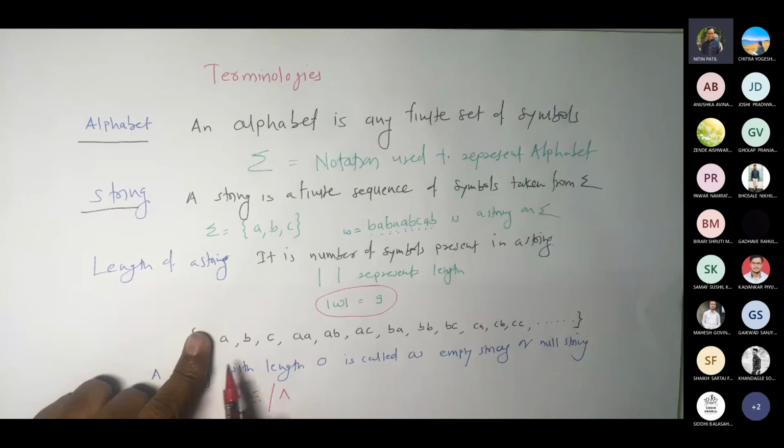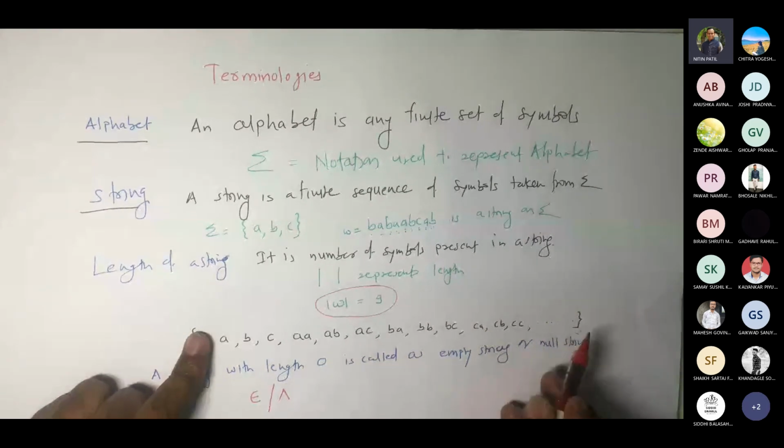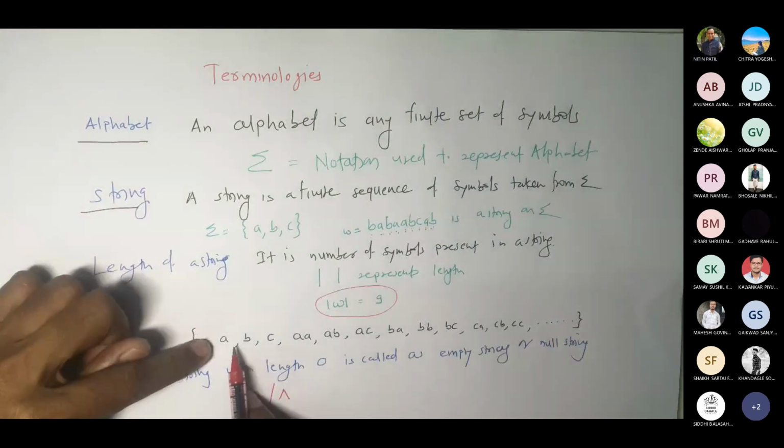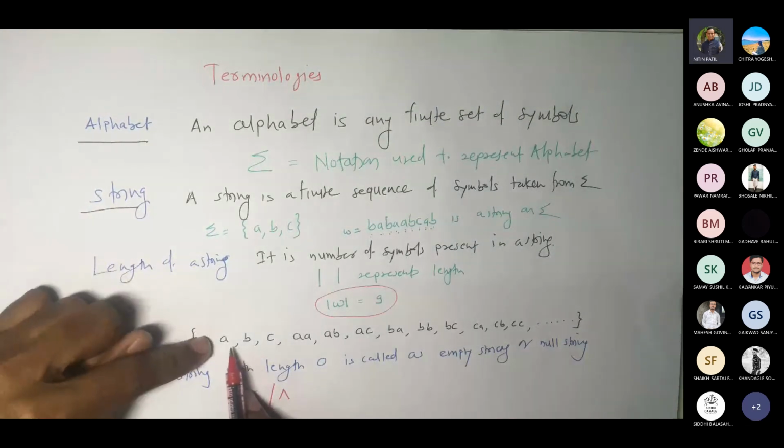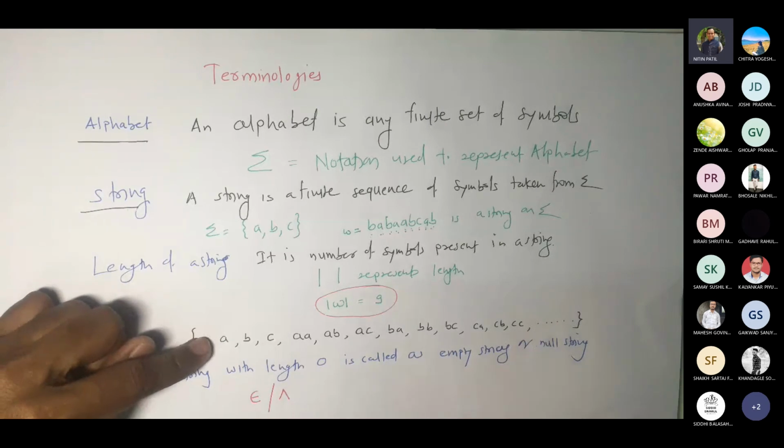I started with length 1, length 2, and then I stopped, but I said dot dot dot. There might be more elements too, with varying length. Length can be in thousands.